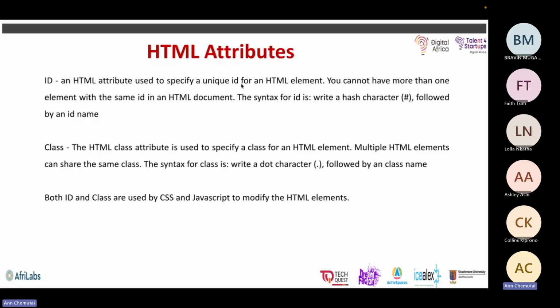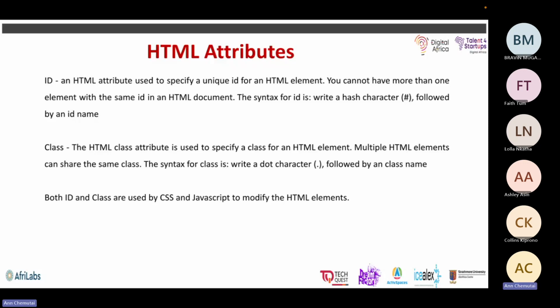Think of it like how you have your national ID. That number is just yours alone, right? No one else in Kenya has that number, or your phone number, right? And not anyone else within 254 has that particular number. So it's easier to track this particular number belongs to this person.